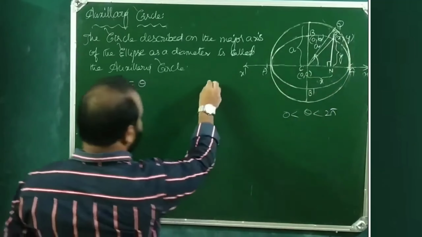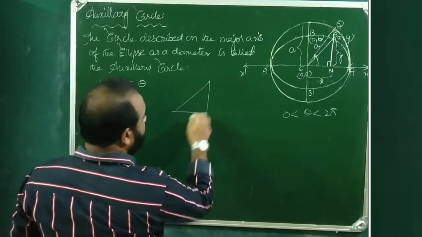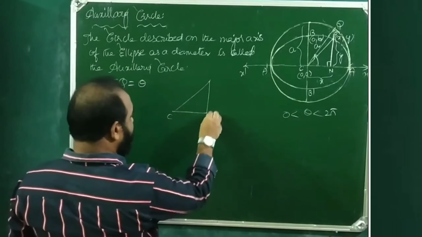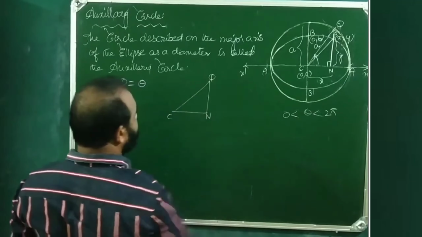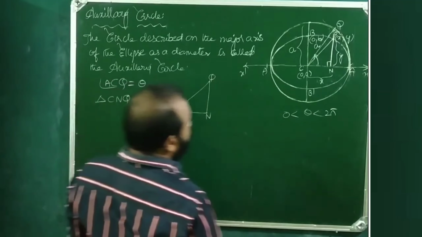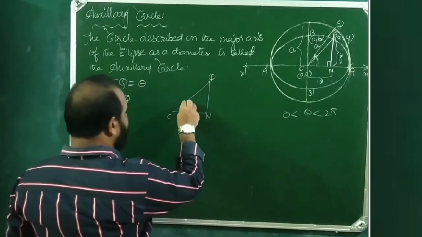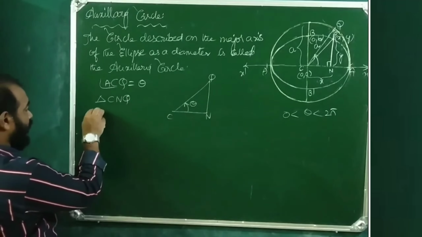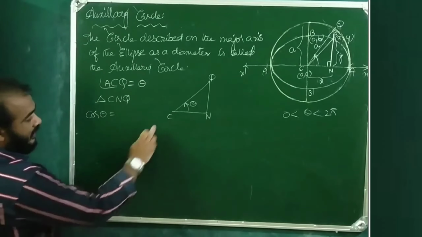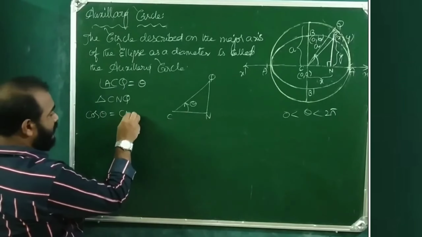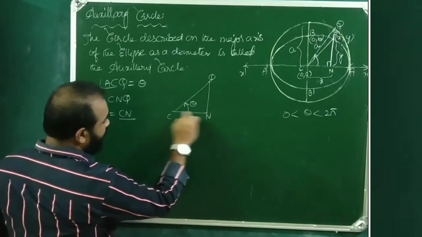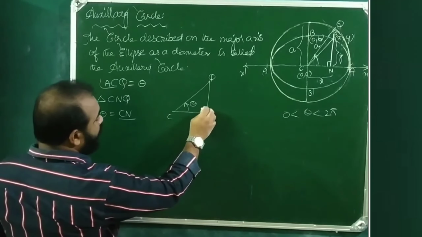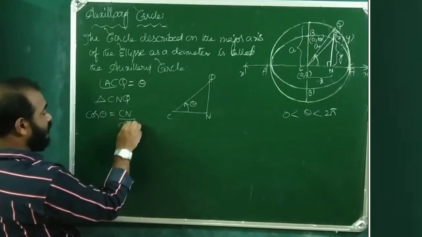Now you take triangle CNQ. This is C, this is N, and this is Q. This angle is theta. Now from this, what is cos theta? Adjacent side by hypotenuse. This is CQ.